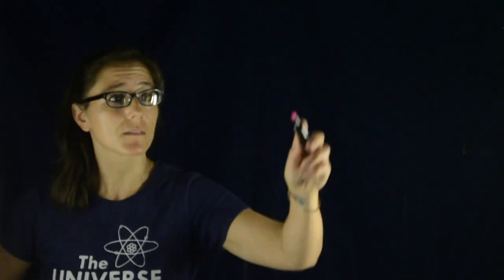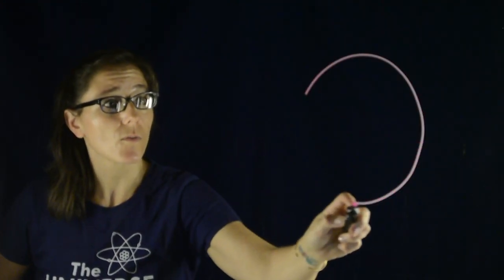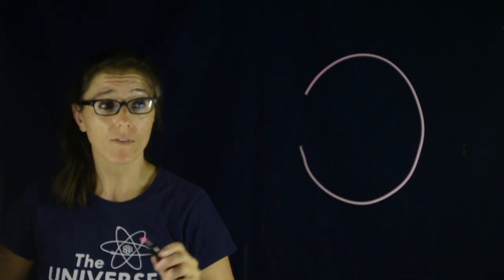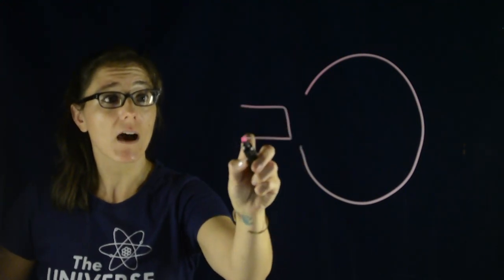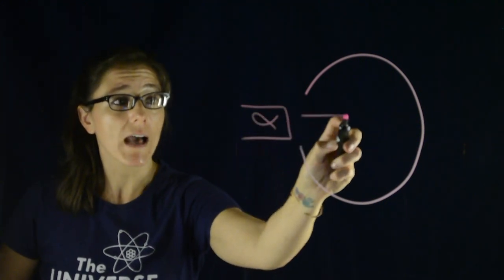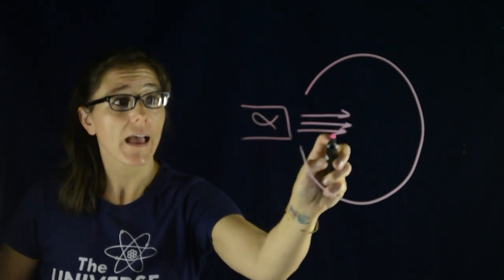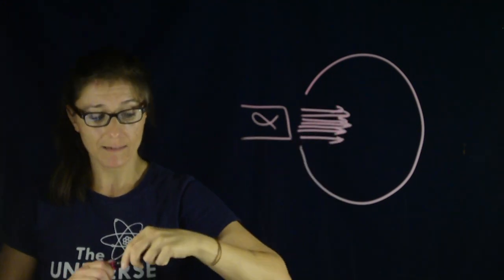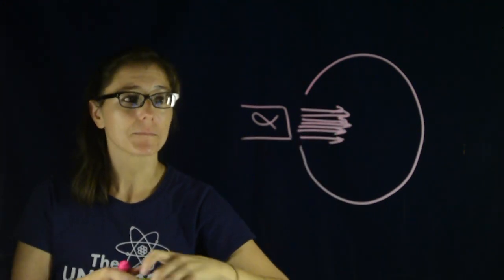To accomplish this, Rutherford did his gold foil experiment, where he basically took photo film and an alpha particle shooter, and he fired off alpha particles at a piece of gold leaf or gold foil, hence the gold foil experiment.